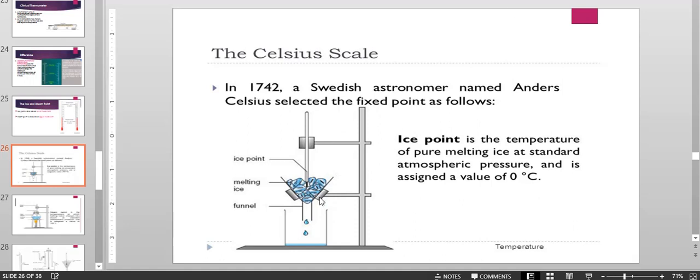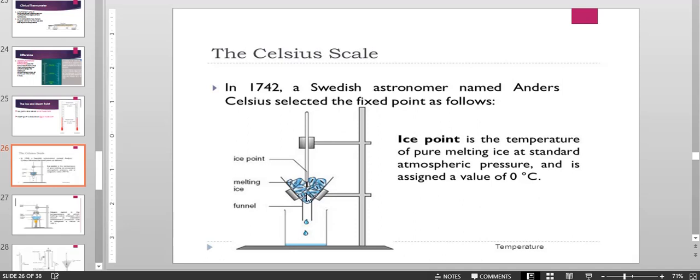So he took a conical flask here, which was open from the lower side of the vessel, and he kept a beaker below it, and then he fixed this flask with a stand.